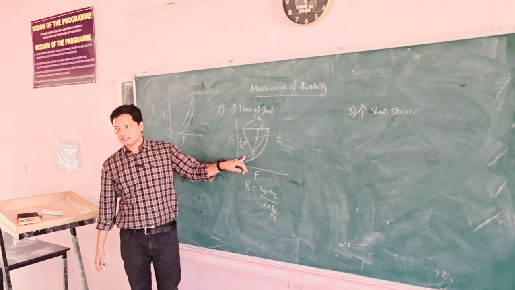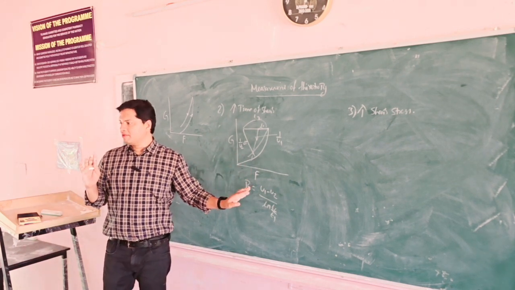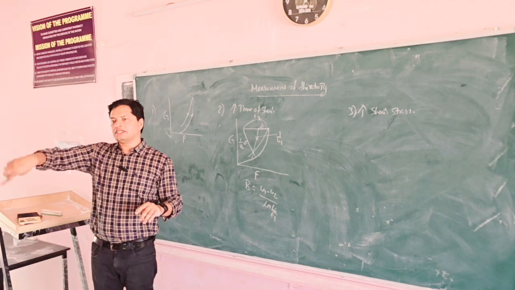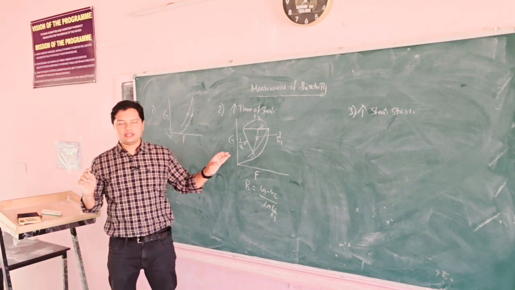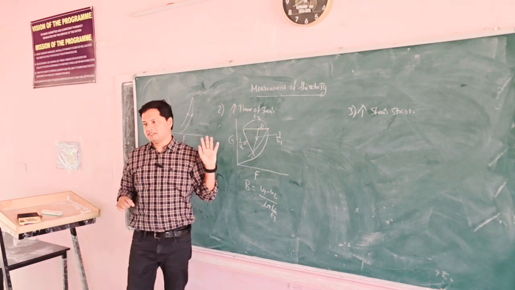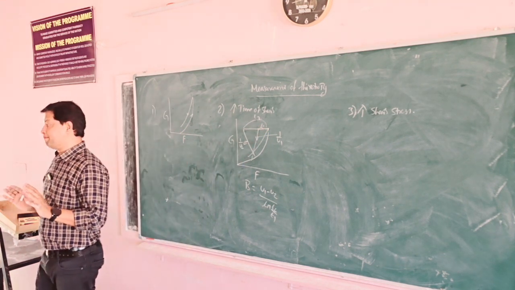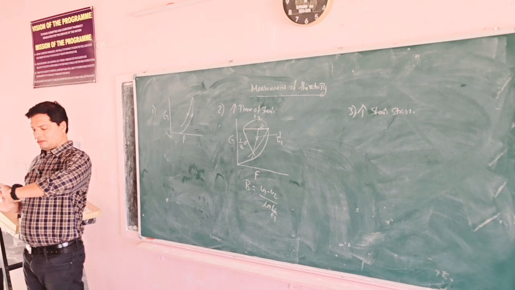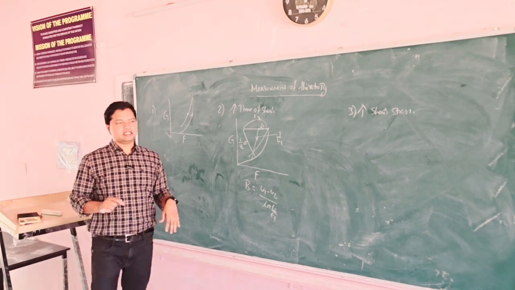Did you understand this? Only I am changing the time. ఒకటి 5 minutes చేశాను, ఇంకొకటి 10 minutes చేశాను అంతే. From here to here 5 minutes, from here to here 10 minutes. Just I am changing the time.